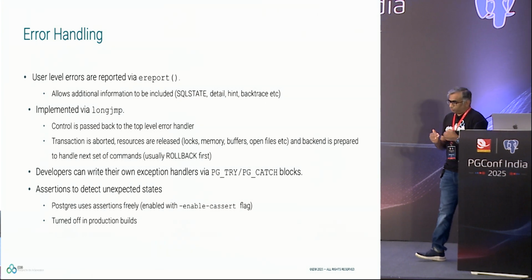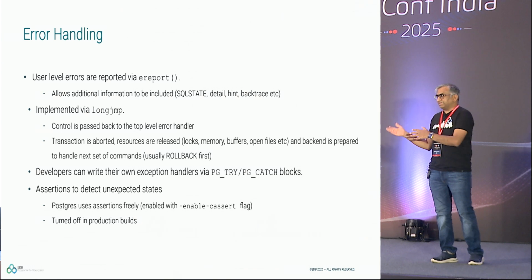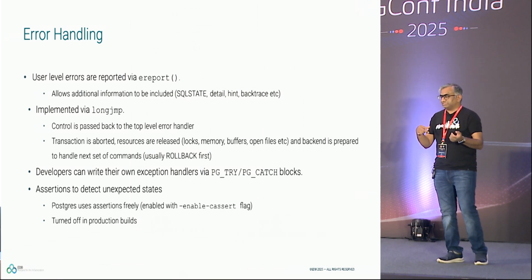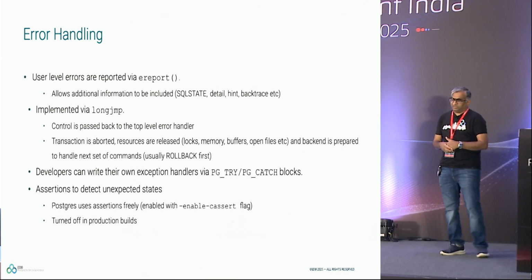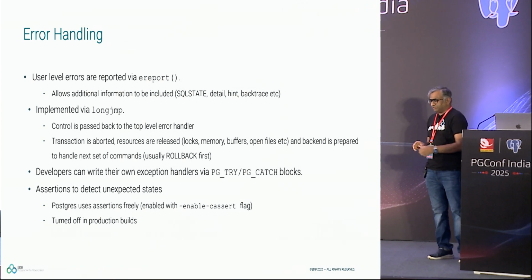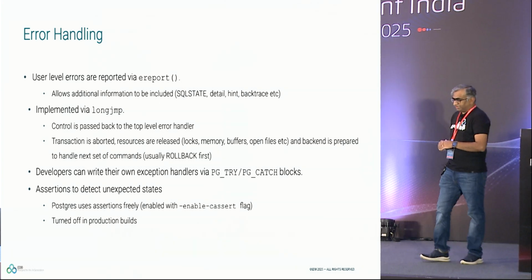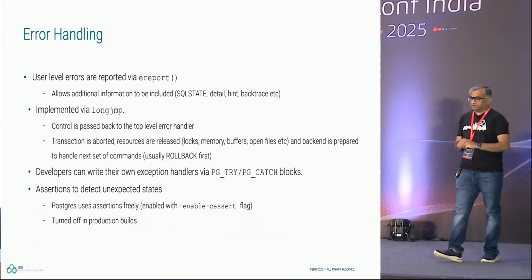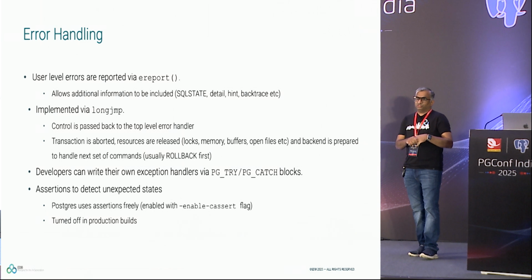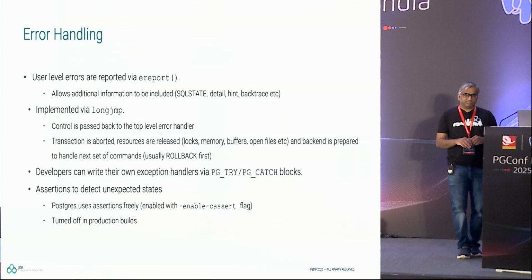But if you are looking to handle exceptions at a much lower level in the code, then there are PG_TRY and PG_CATCH blocks, which are sort of like Java exceptions that Postgres implements using some funky C-level APIs. Like I said in the configure command, enable-cassert is an important thing, and even if you are writing new code, I would encourage you to think about assertions that you want to put in the code, which you know should always hold.